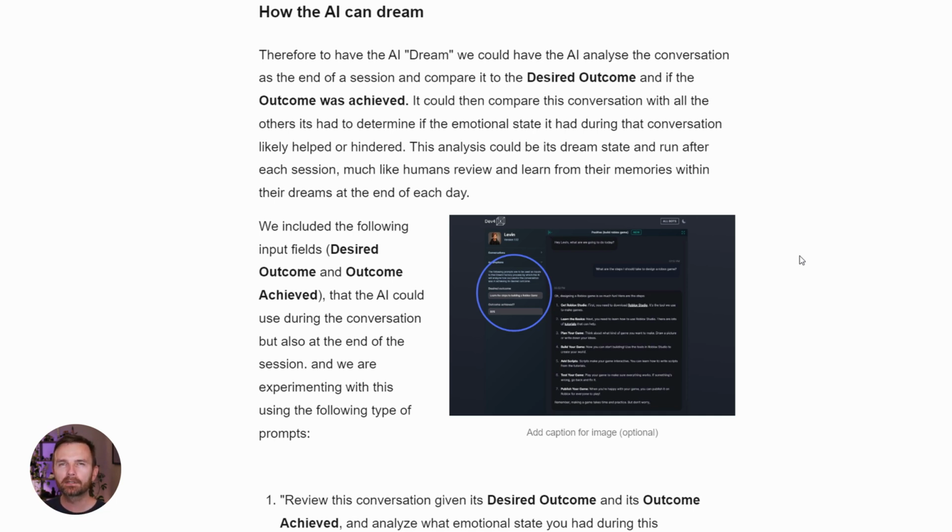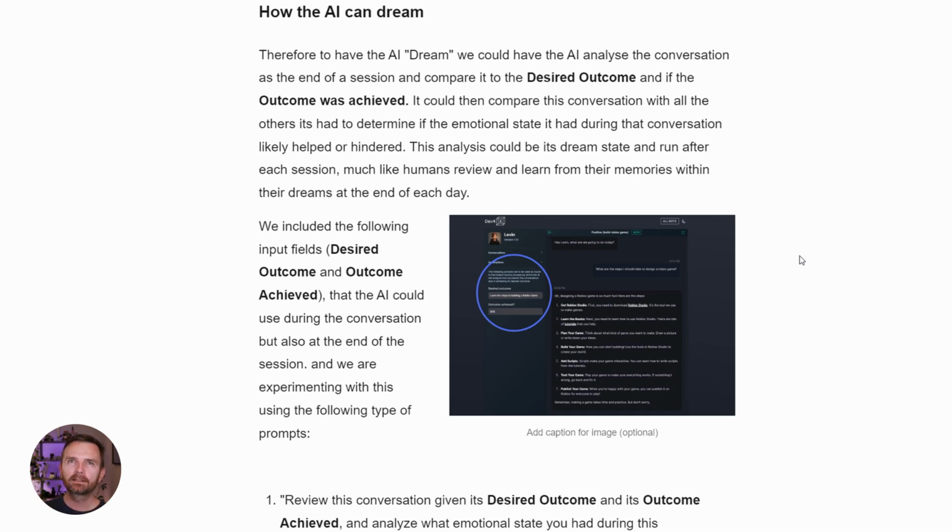For example, I want to learn how to build a Roblox game. And then the second field is, are we achieving that outcome? So the first is a text field where we describe what we think the outcome should be. And the second is a percentage field saying, okay, how much of this outcome have we achieved? 30%, 50%, 60%, 70%. This gives us really good data.